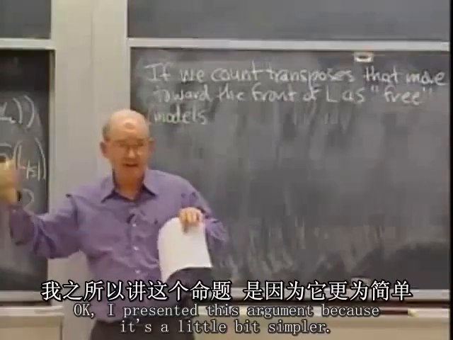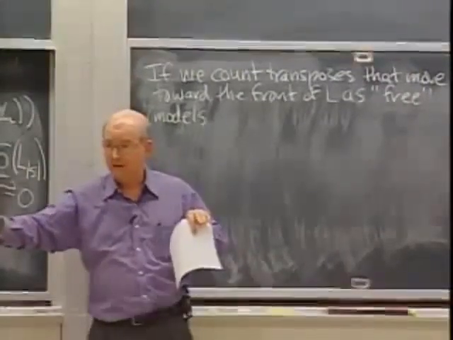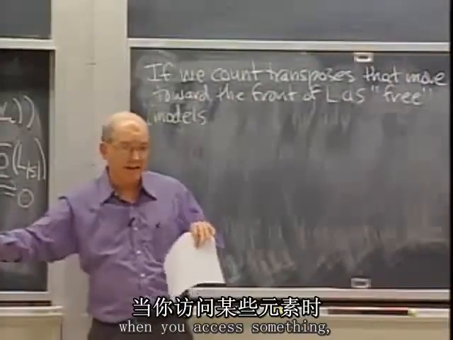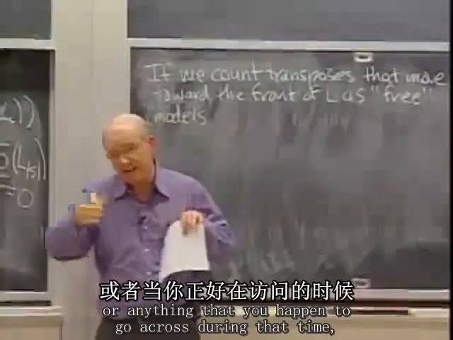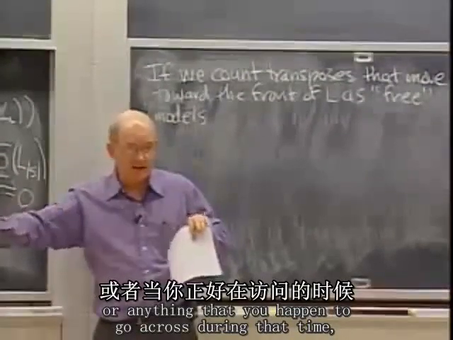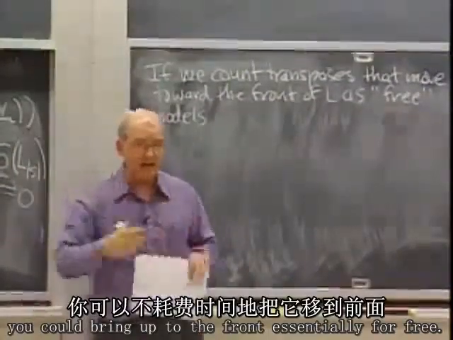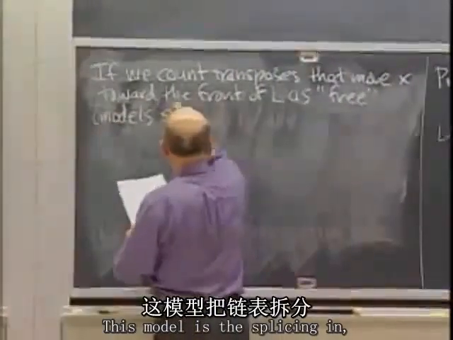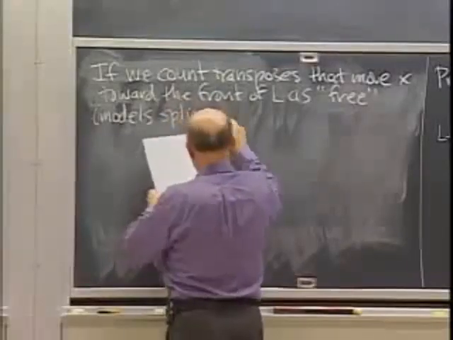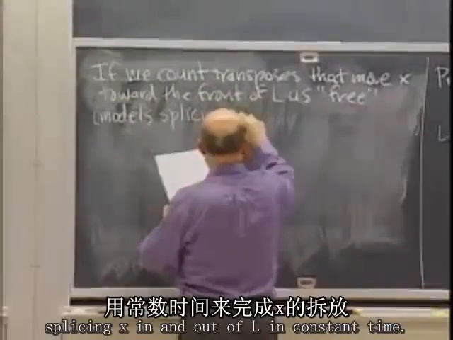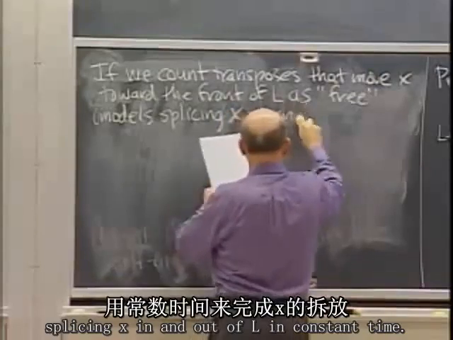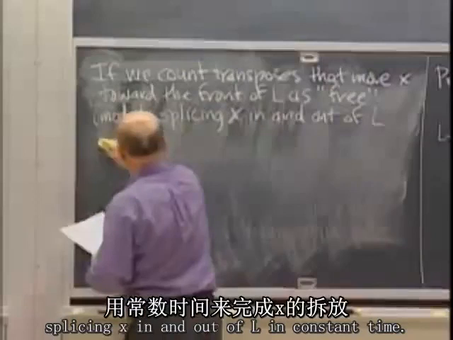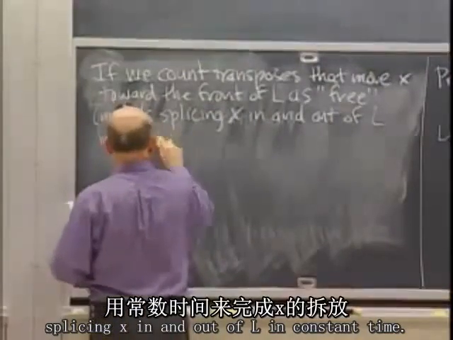I presented this argument because the model's a little bit simpler. But in their model, if when you access something you want to bring it up to the front, or anything that you happen to go across during that time, you can bring up to the front essentially for free. The model is splicing x in and out of L in constant time.